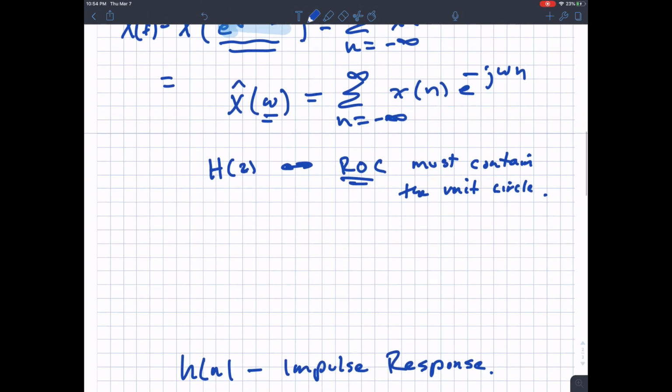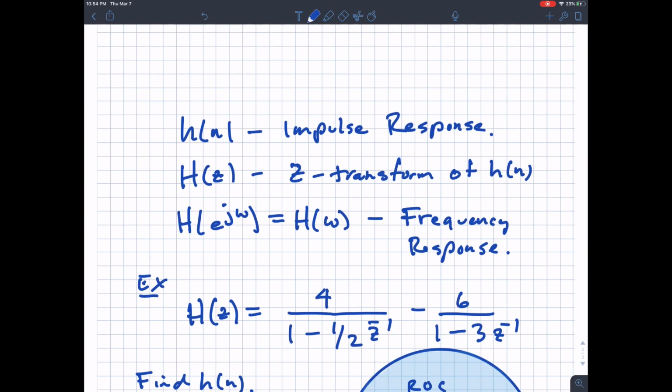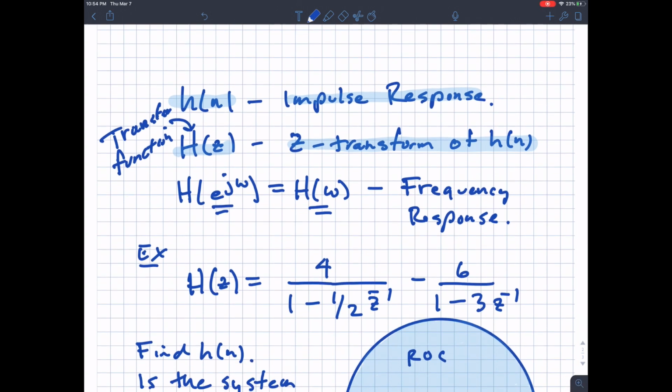Okay, so I worked up a really quick example of this. Let's say we had h of n, that's an impulse response, just relabeling what everything is. H of z, that's the transfer function, which is the Z transform of h of n. Okay, and if we substitute for z, we get the frequency response of the system.